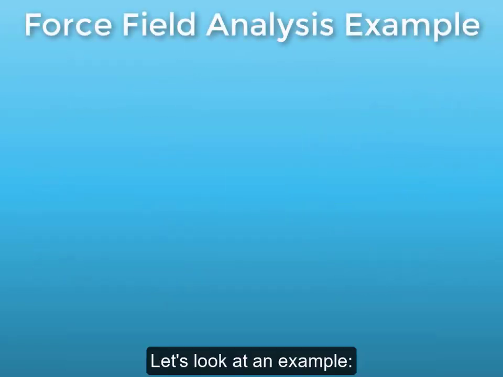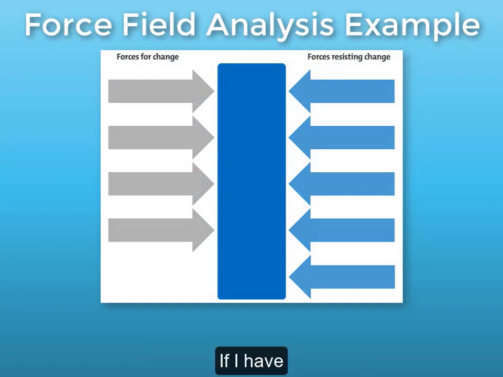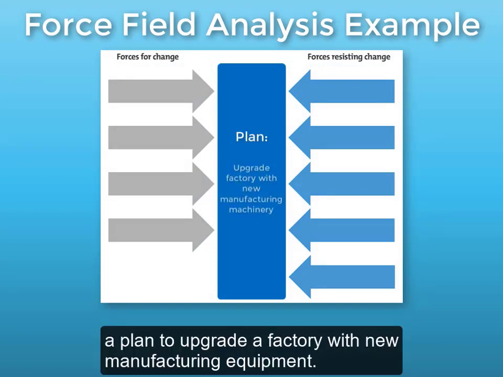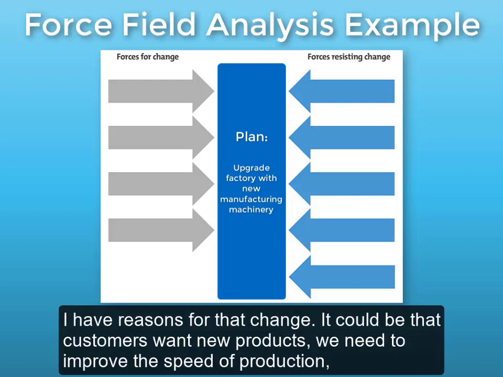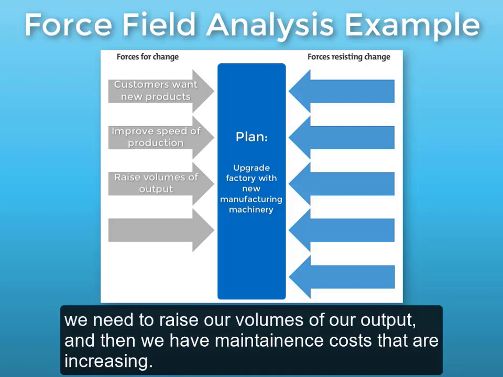So let's look at an example. If I have a plan to upgrade the factory with new manufacturing equipment, I have reasons for that change. It could be that customers want new products, we need to improve the speed of production, we need to raise the volumes of our output, and then we have maintenance costs that are increasing.